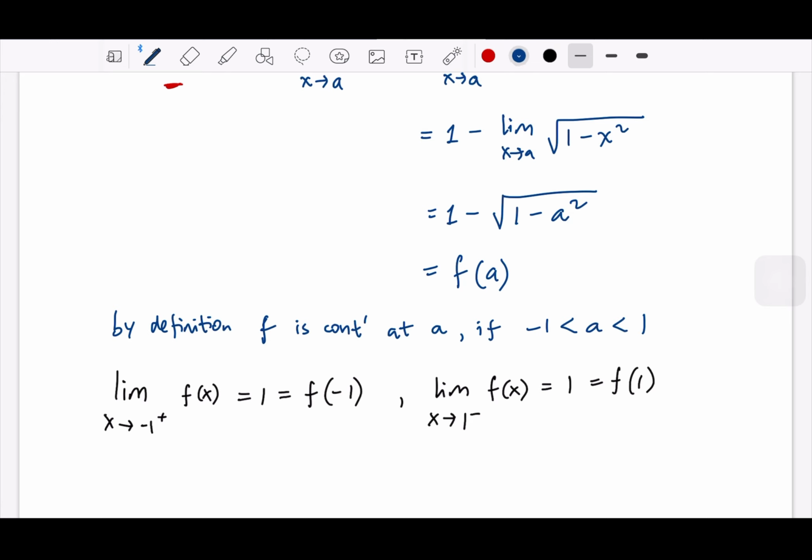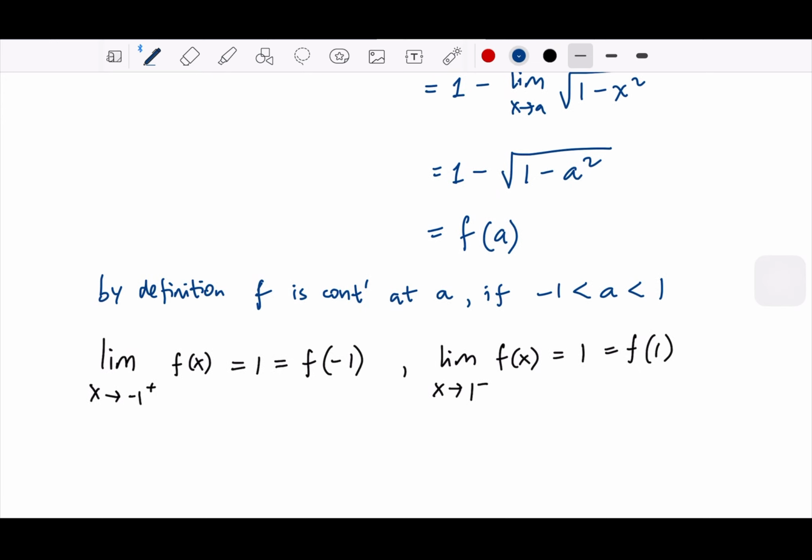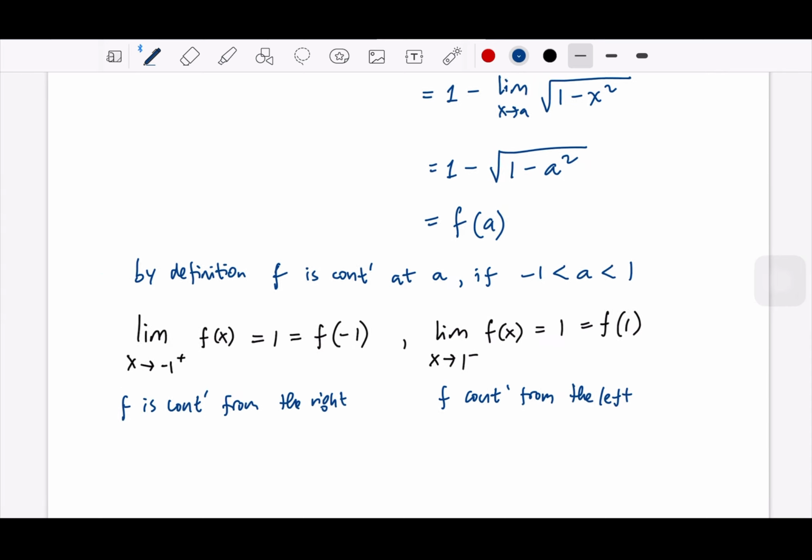So this means that f is continuous from the right, and from the left. We approach -1 from the right and 1 from the left. Why do we approach -1 from the right and +1 from the left?